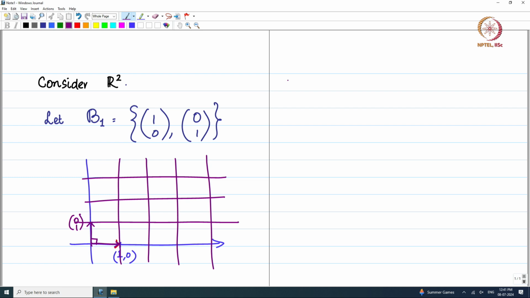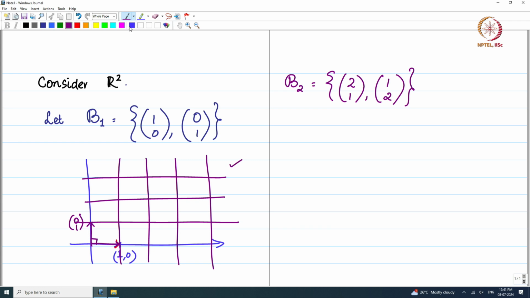Suppose I take this basis B2, which is 2 1 and 1 2. If I take this as a basis, how is the axis going to look? We will superimpose that axis on what we have used, and let us see how it goes.